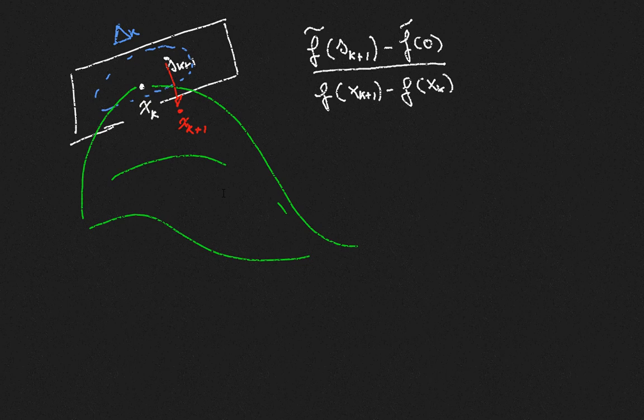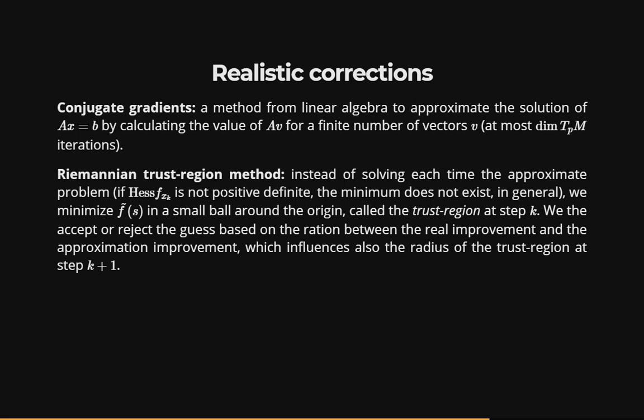This is a number, and depending on the value of this number, we decide how to proceed. If this is good enough, we accept the answer. If this is not good enough, we reject the answer we just found.